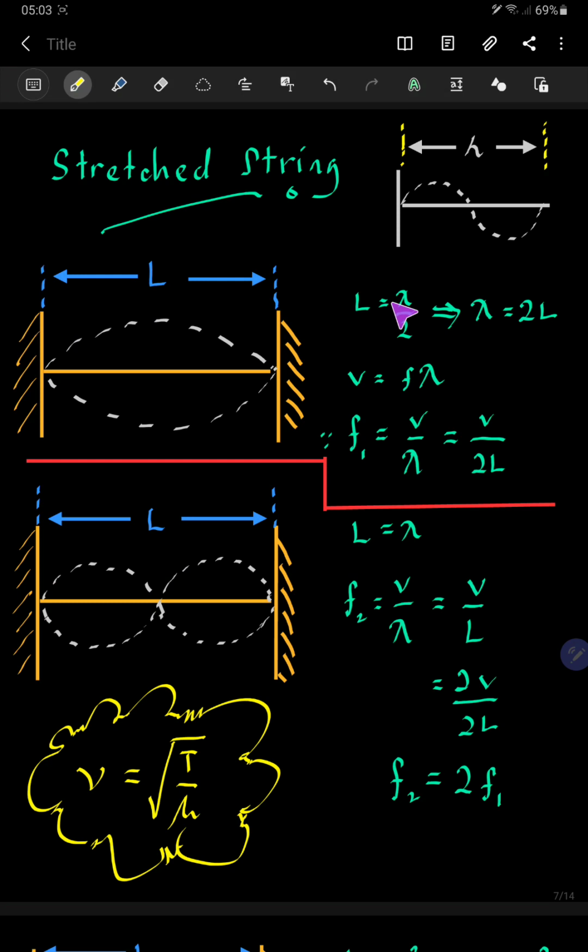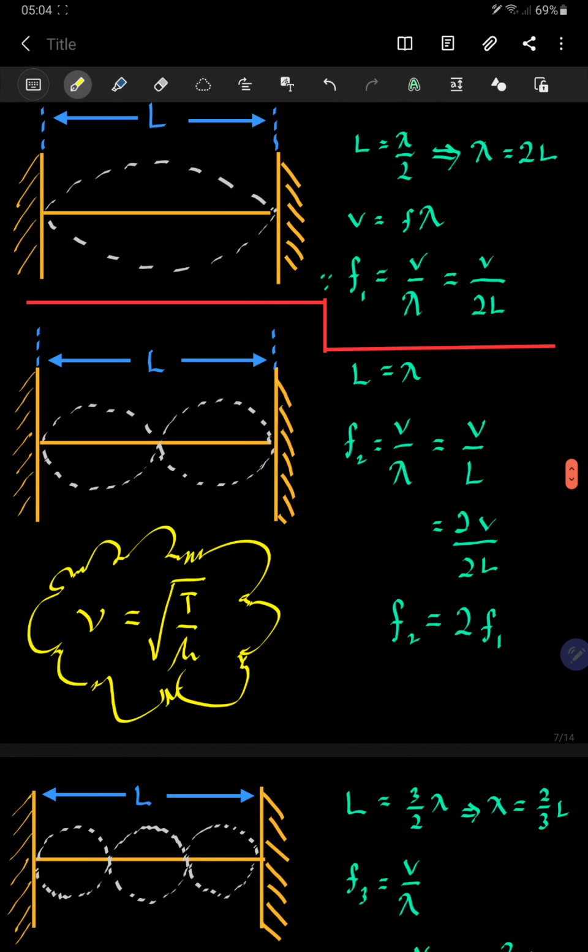So L equals half lambda, so lambda equals 2L. According to the equation V equals F lambda, F equals V over lambda. So we are discussing the first frequency: F1 equals V over lambda, where lambda equals 2L, so you get F1 equals V over 2L.